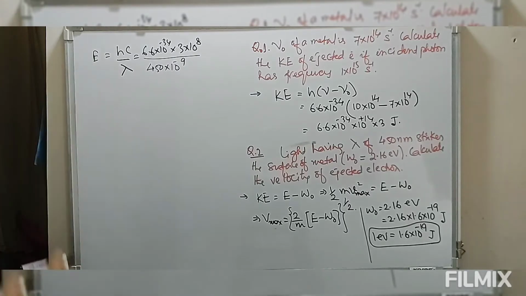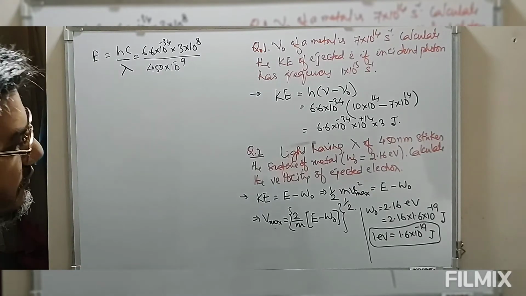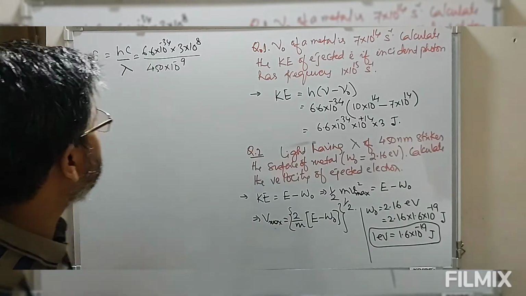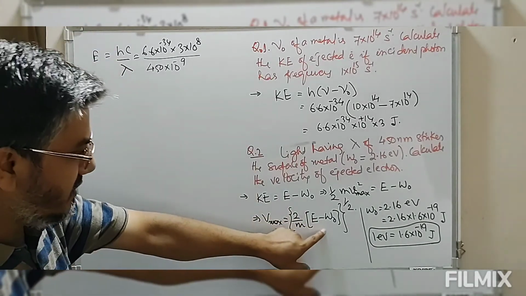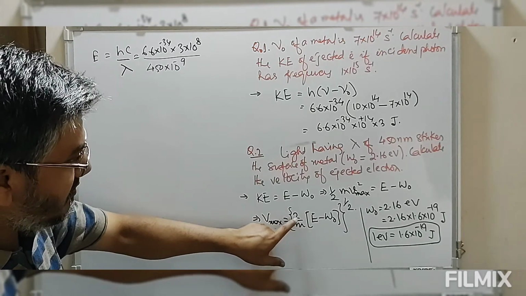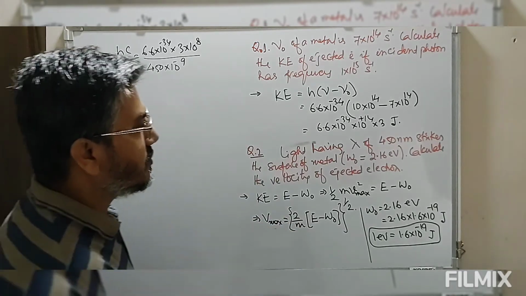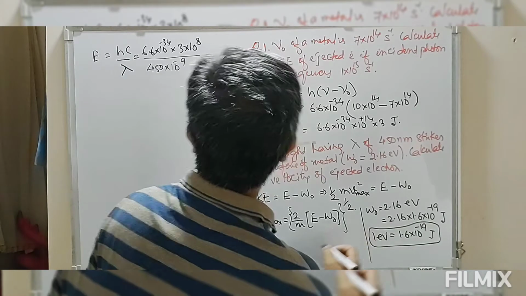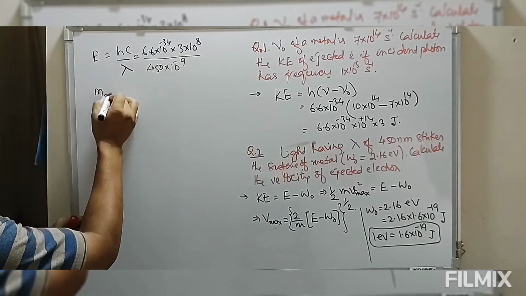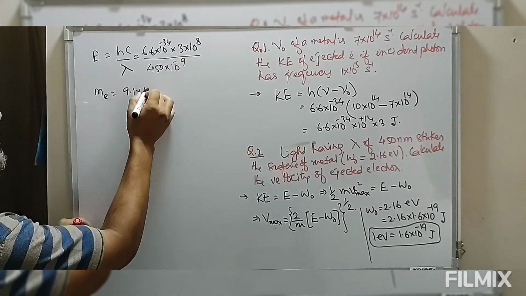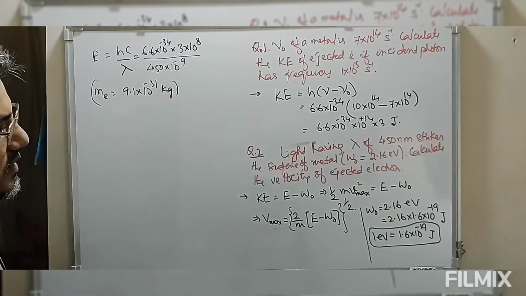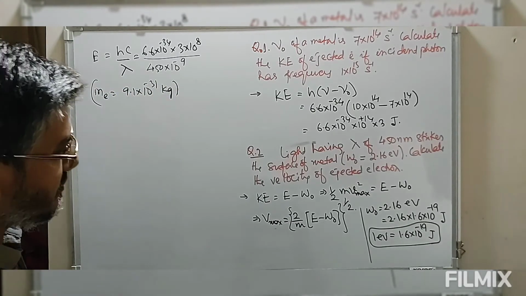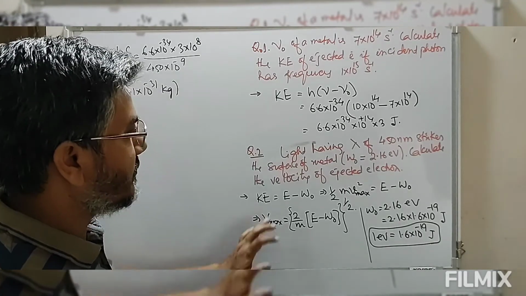So this is the energy of incident photon. We have the work function, so we just replace the values of E and the work function here, multiplied by 2 by m. Mass of electron is 9.1 × 10^-31 kilograms. So we have all the values, and just by using this we can easily find the velocity of the ejected electrons.